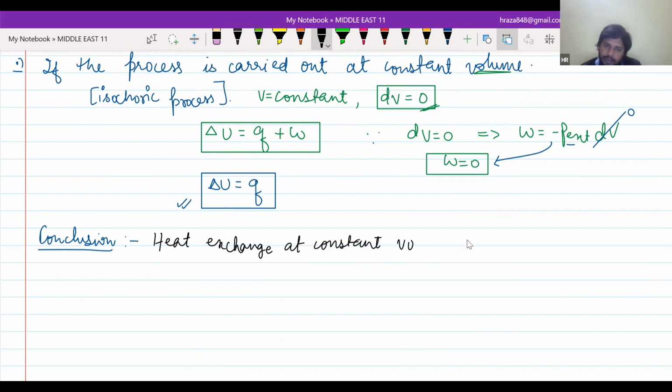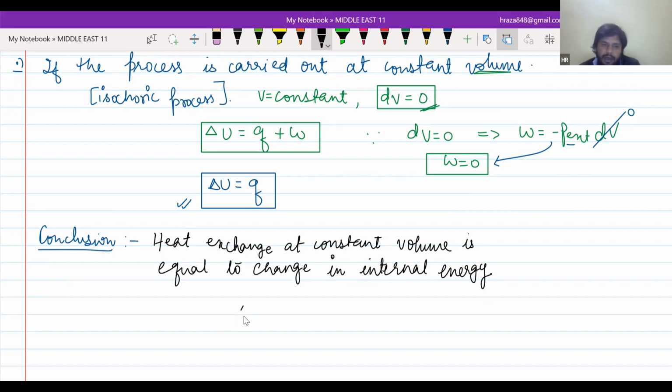The heat exchanged at constant volume is equal to the change in internal energy. That means delta U equals Q only when it is at constant volume.